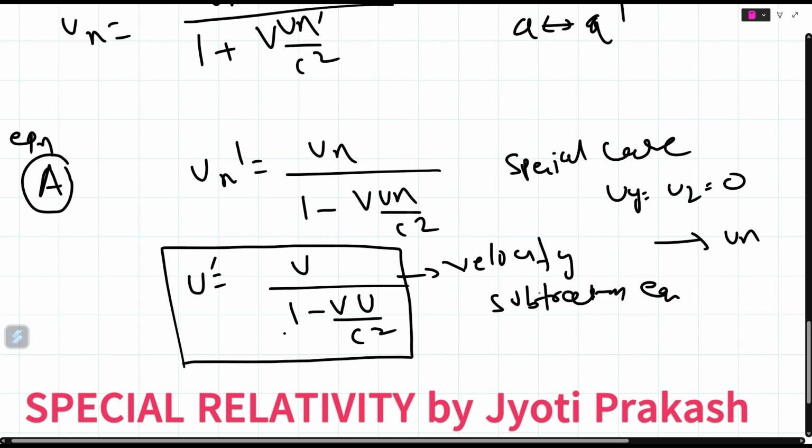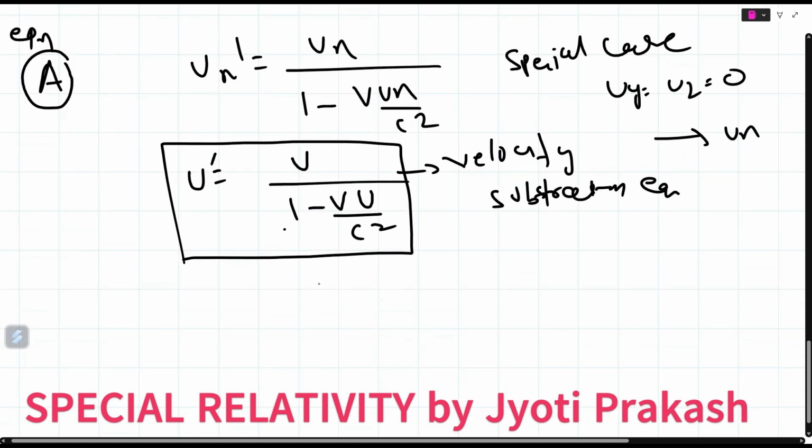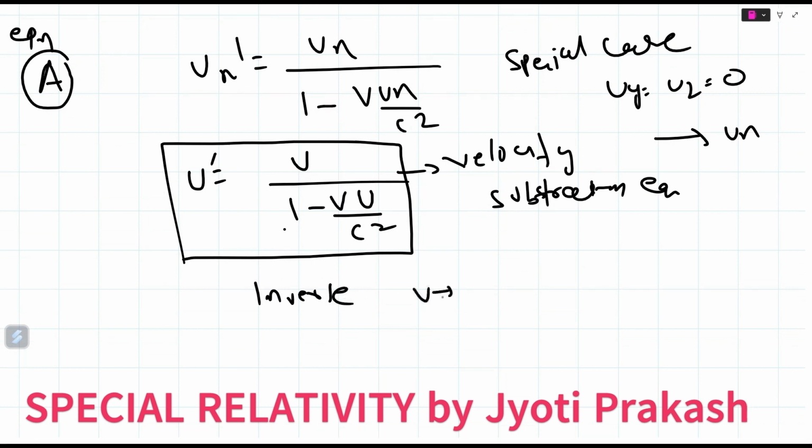Now you can also write its inverse, going from prime to non-prime: u equal to (u prime plus v) divided by (1 plus v u prime by c square).